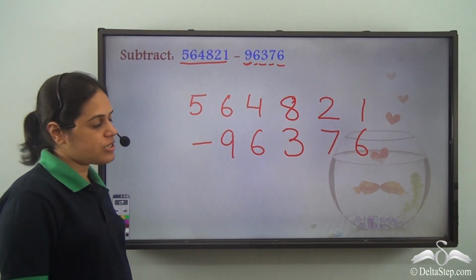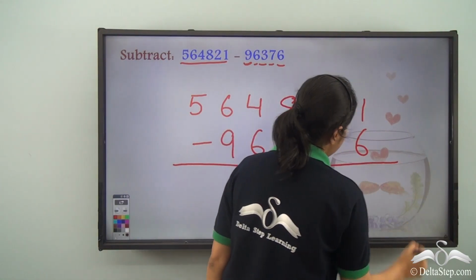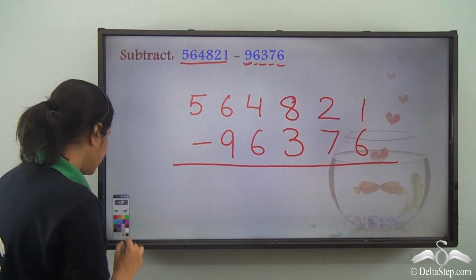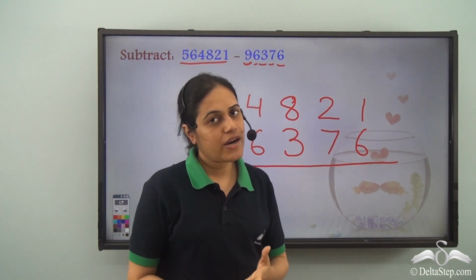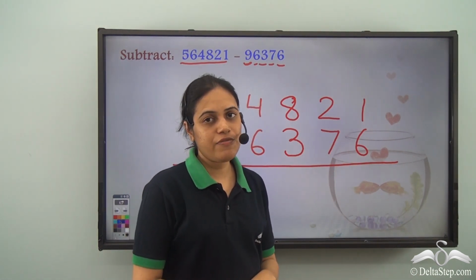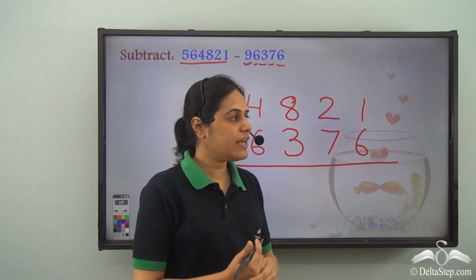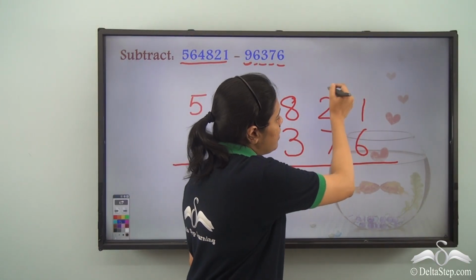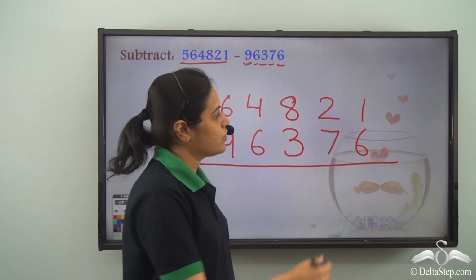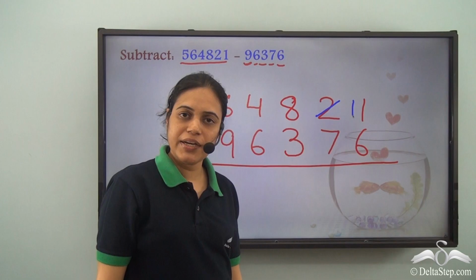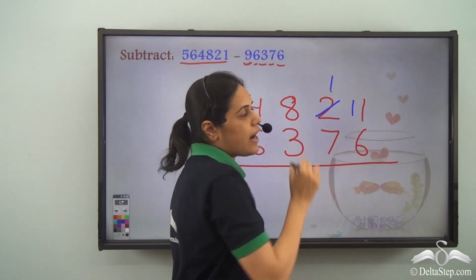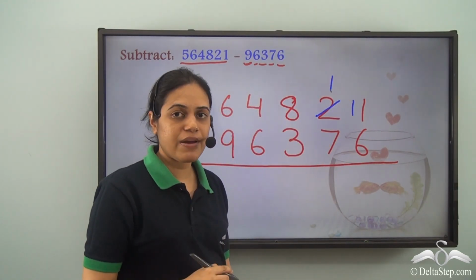And now I need to subtract these. So how do I subtract these? 1 minus 6. Now again, I cannot subtract 6 from 1 because 6 is bigger than 1. So 1 will borrow 1 from 2. Now 2 will give 1 to 1 to make it 11, and 2 will become 1. 2 will also decrease by 1.